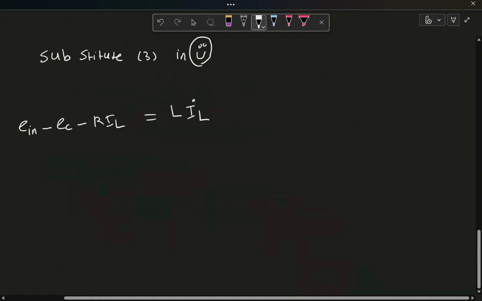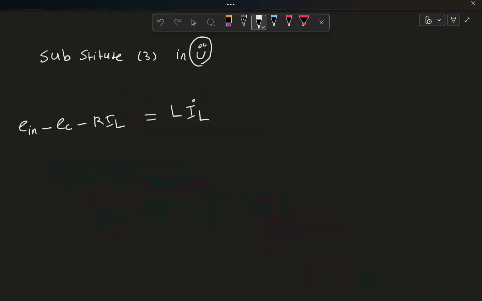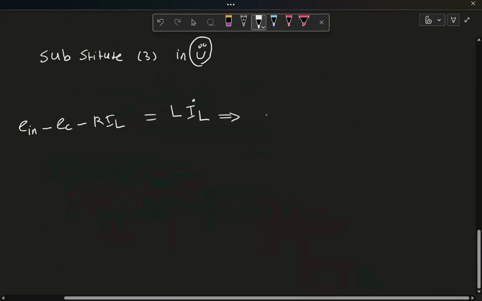Now at this point, keep the input on one side, bring all the dynamic terms to the other side, and flip their signs. So you will end up with EN equals L I dot L plus R IL plus EC. Good. I just brought these two terms from the left-hand side to the right-hand side and flipped their signs.